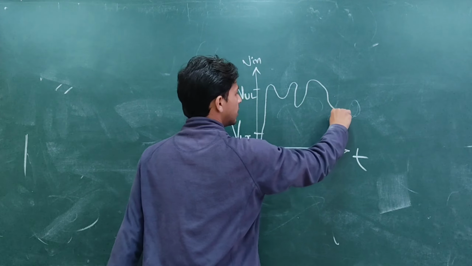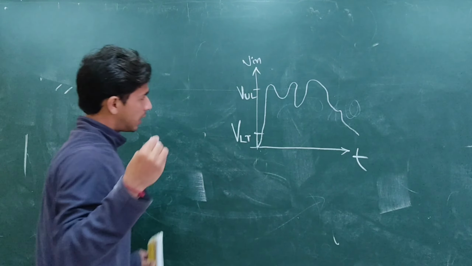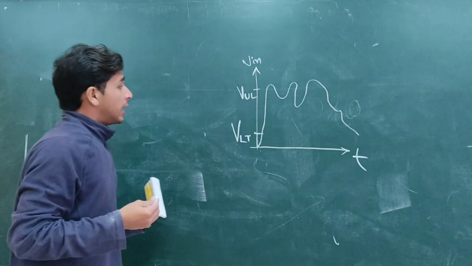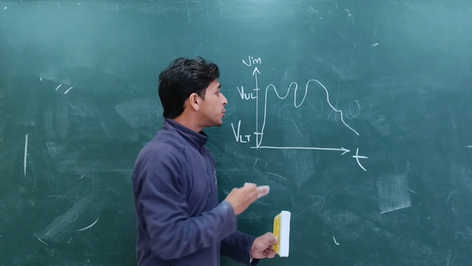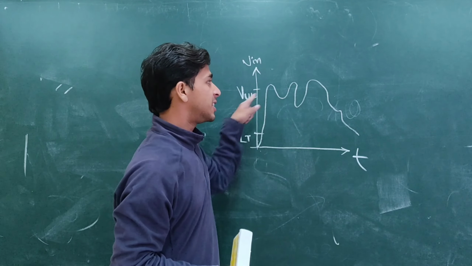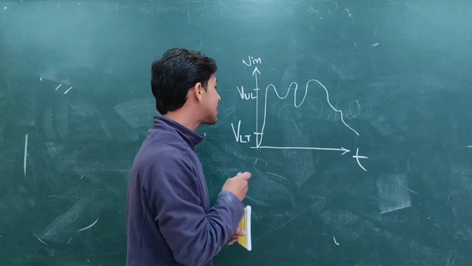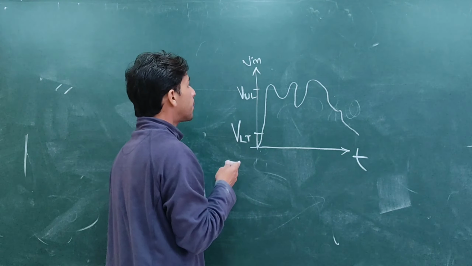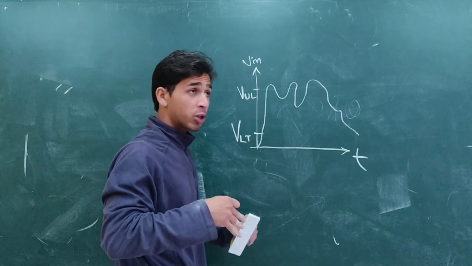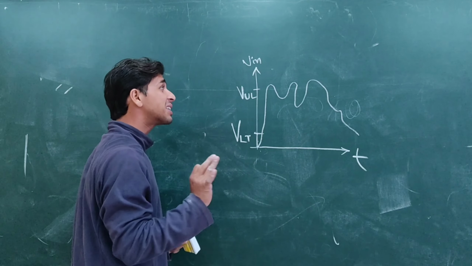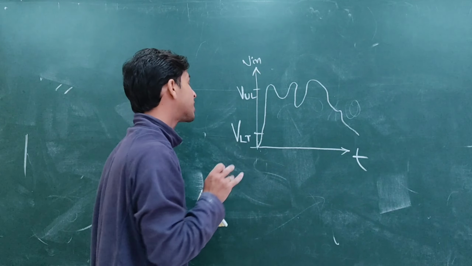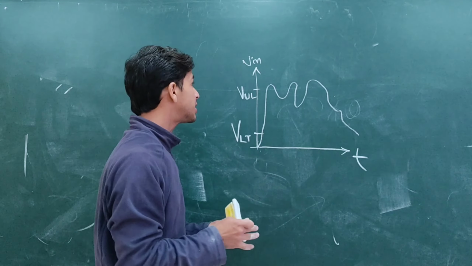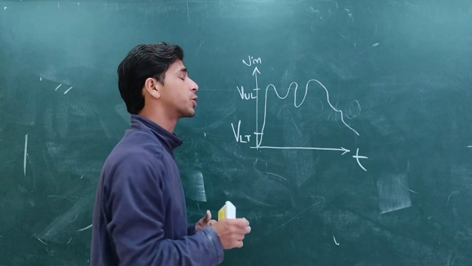So yes, this will be our input signal. You see, this input signal has some noise inside it. In this case, if you use the Schmitt trigger circuit, for our output you have to mark the points where our input signal crosses the upper threshold or lower threshold.